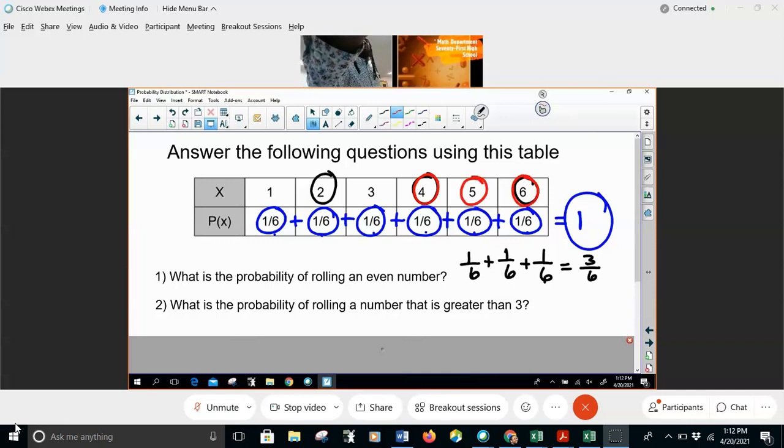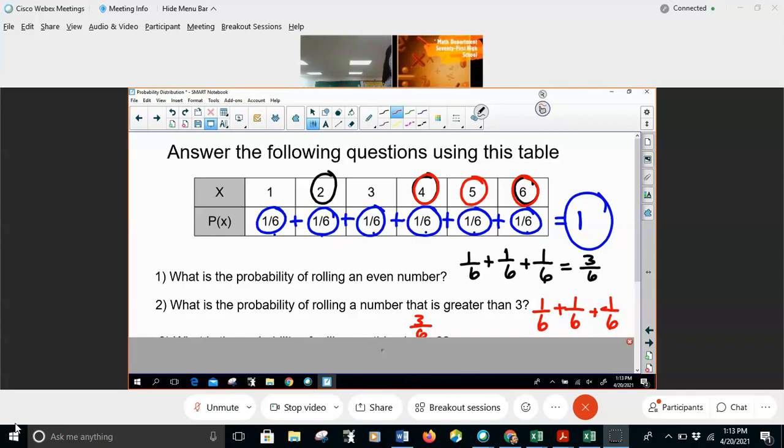For 4, the probability is 1/6. For 5, the probability is 1/6. And for 6, the probability is 1/6. Just add those 3 together, and again, that gives us 3/6. Keep it as a fraction. Don't change it to a decimal or a percent yet. We can do that later on.